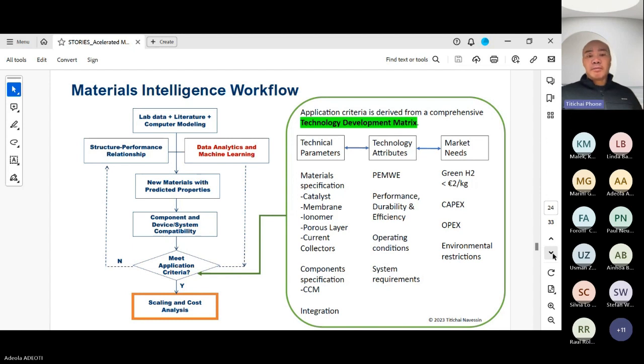The technology development matrix is a tool that translates the market needs of a particular application into technology attributes and then down into technical parameters, right? What do I mean by that?